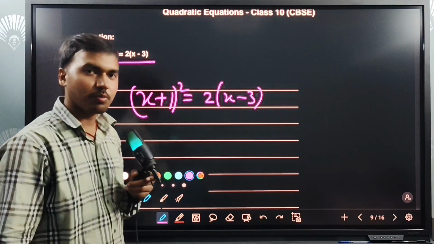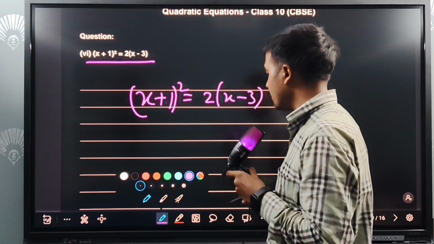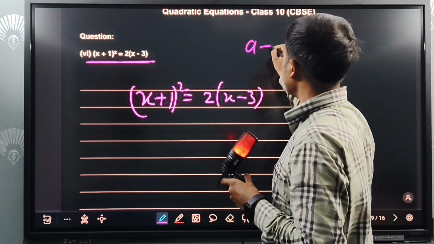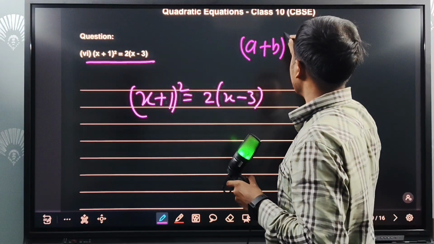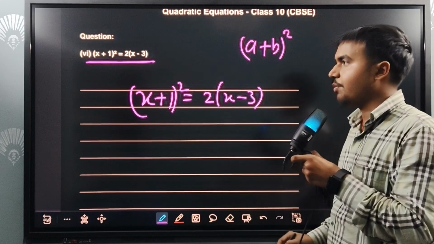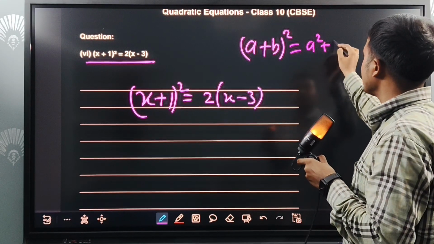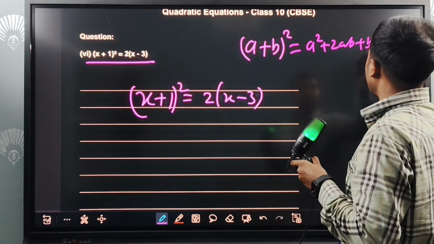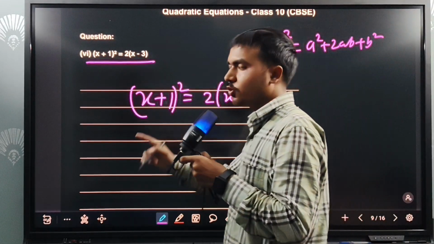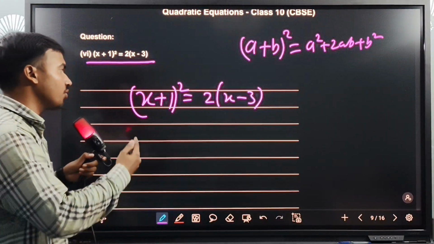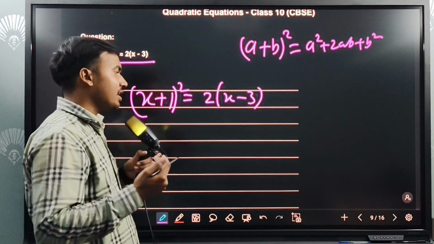We already know that (a plus b) raised to the power 2 is equal to a square plus 2ab plus b square. So we can put it in the formula, or you can multiply it twice.